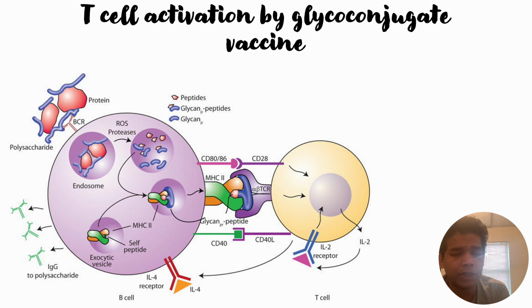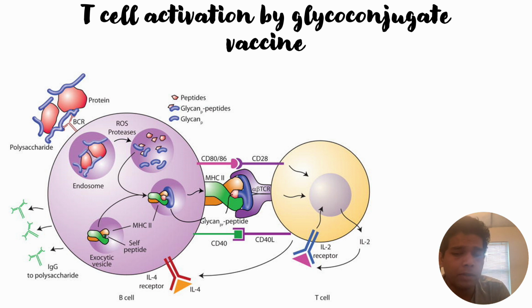Both of these interactions and the release of cytokines such as interleukin 2 and interleukin 4 lead to the generation of antibodies through these T cells that can target non-self glycoconjugates that contain non-self glycoepitopes.